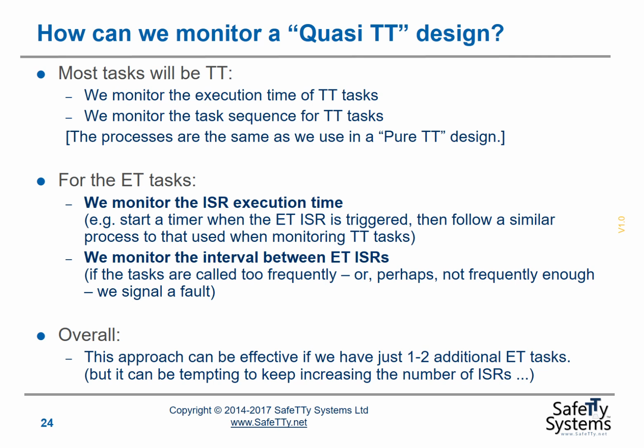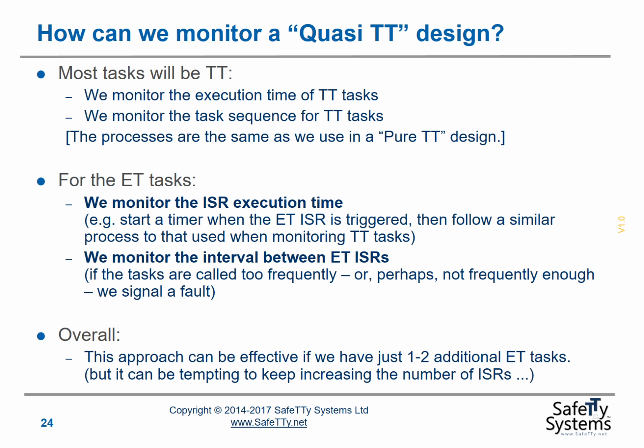For example, we'd start a timer when the event-triggered ISR is triggered, then follow a similar approach to that which we use for monitoring TT tasks. And we would also expect to monitor the interval between event-triggered ISRs. So if the tasks are called too frequently, or perhaps not frequently enough, we would signal a fault.